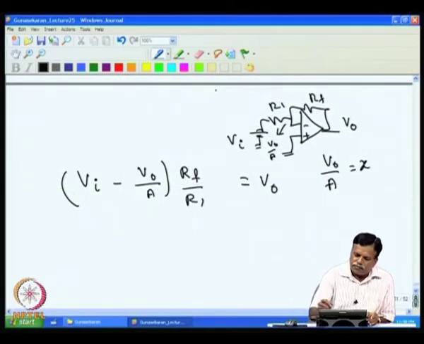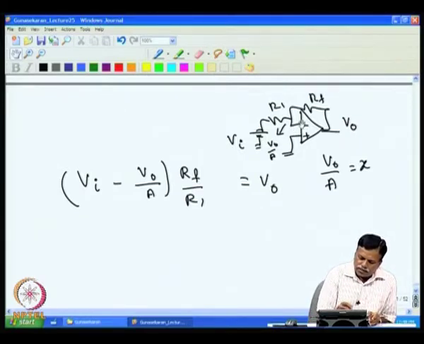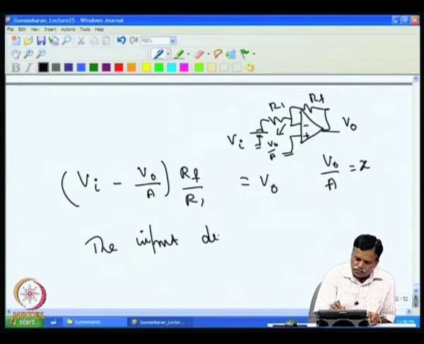The reason is that if I have to get output voltage V0 here, then I need a difference between these 2 points, because the difference between the 2 points amplified by the open loop gain is what we get as output. So, if I get V0 here, V0 by open loop gain is the difference expected here. So, the input difference is equal to V0 by A.